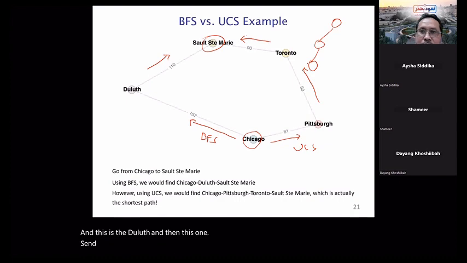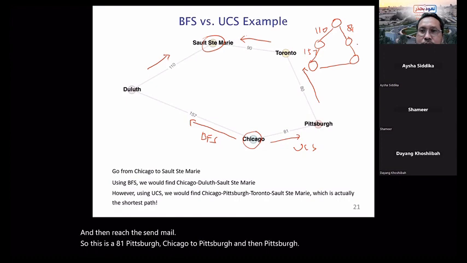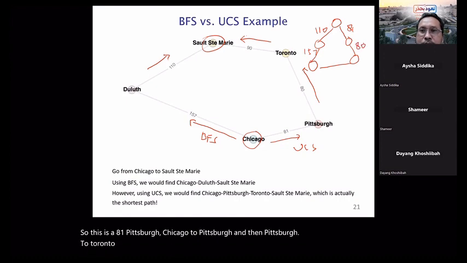So 110 plus 157. And for the other one, Pittsburgh, then Toronto, and then reach St. Mary: Chicago to Pittsburgh is 81, then Pittsburgh to Toronto is 80, and this is 90.